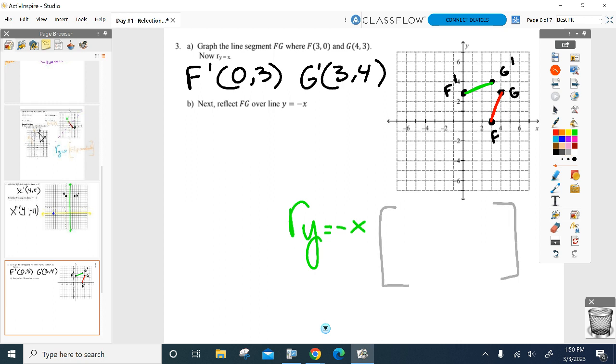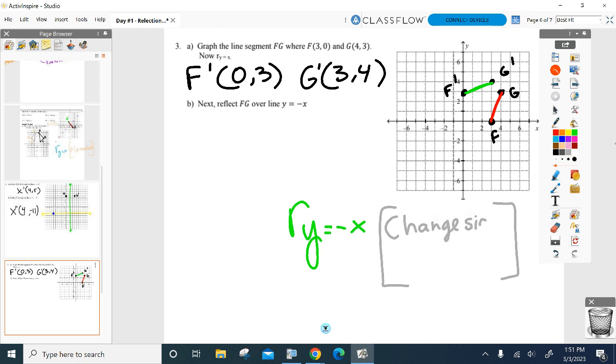Y equals x, and part A was flip the coordinates. I think you guys could maybe guess what this rule is. What do we think? Anybody want to take a stab at it? Max? Okay, that's halfway there. Change signs.